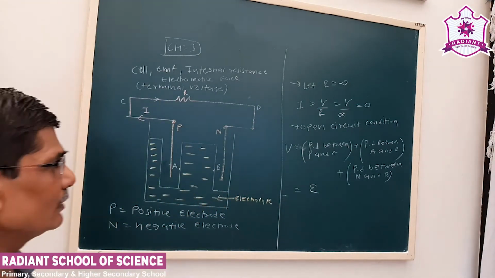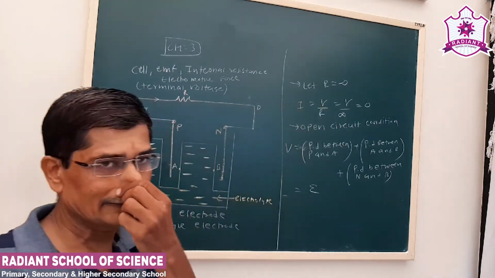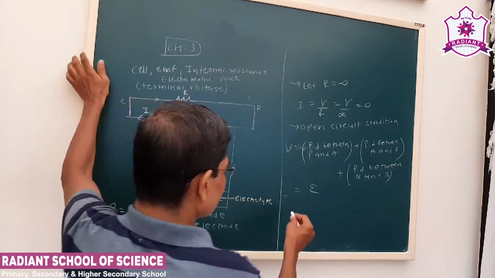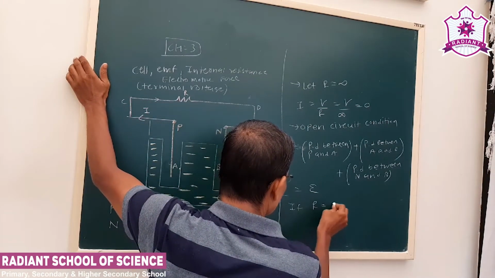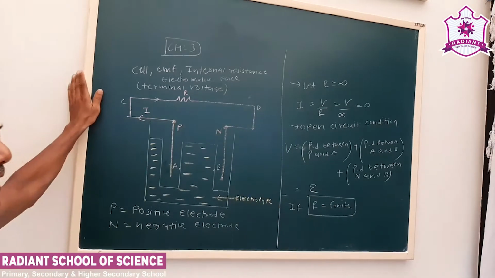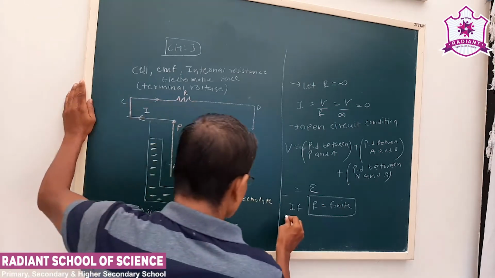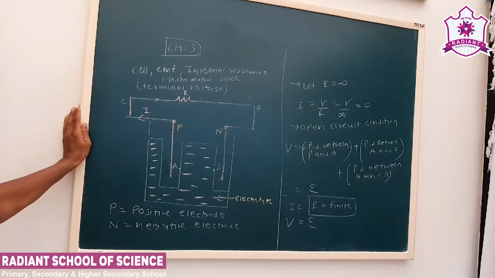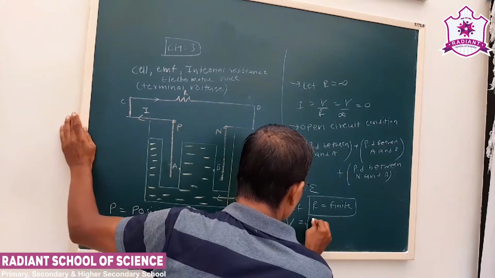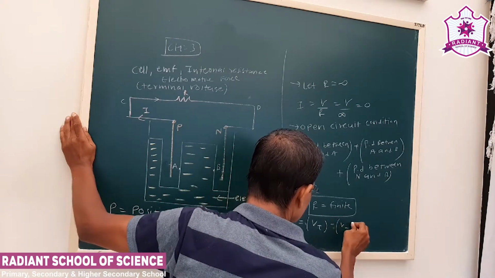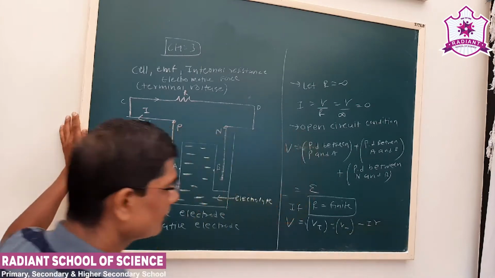But right now we have assumed that R is infinite, so the current in the circuit is 0. But what happens if R is a finite resistance, when R has some value? In that case, our terminal voltage will be equal to V plus minus IR.